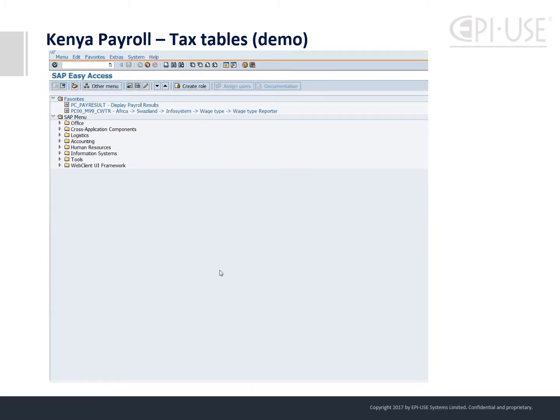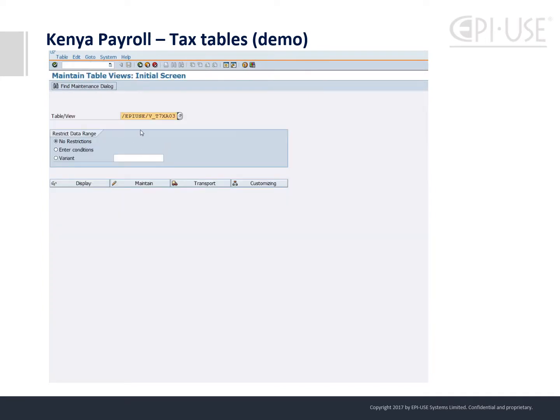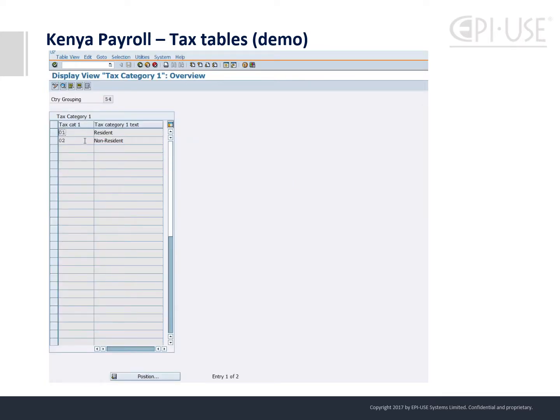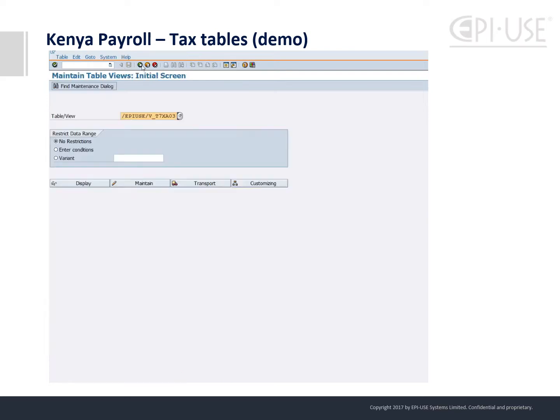Let's have a look at the tax tables for the Kenya country solution. If we go to transaction SM31, we will find that the table names start with /EPI-USE and then T7XA. For the African solutions, in table 03, we will find for country grouping 54, which is Kenya, the options for resident and non-resident.